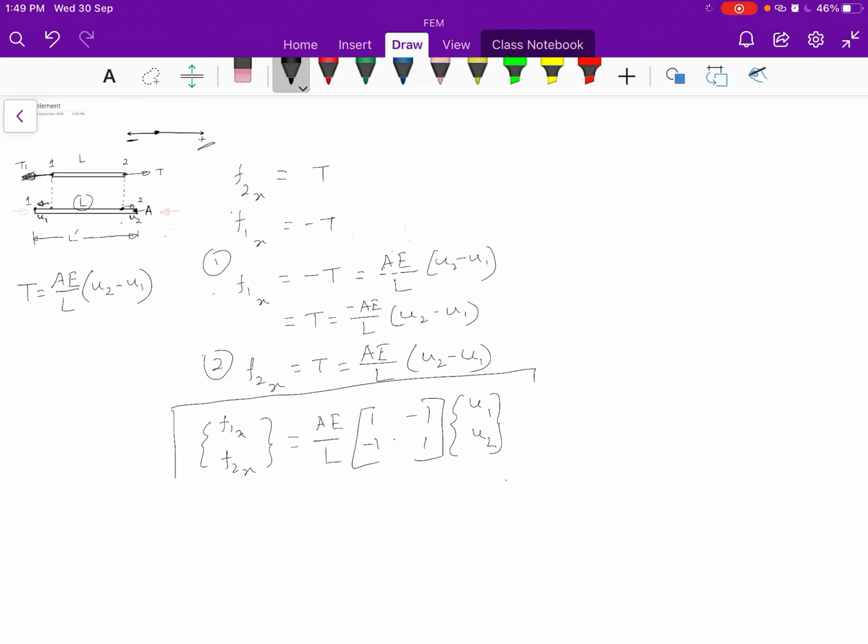This entire form is very similar to the form that we have already studied in our spring element classes.